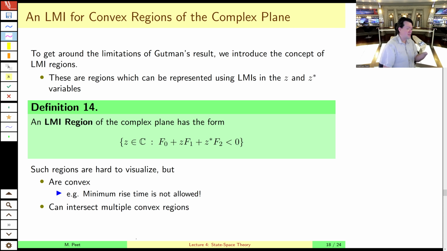Now, for this representation, we are going to require that the inequalities on the eigenvalues are going to be convex. And in particular, we're going to require that the constraints on the eigenvalues have this form here.